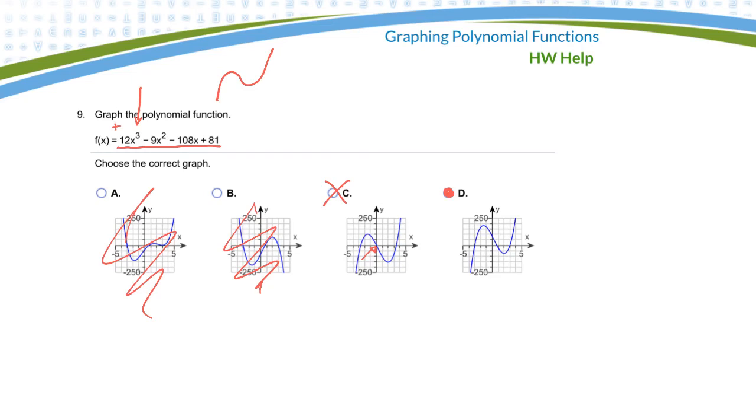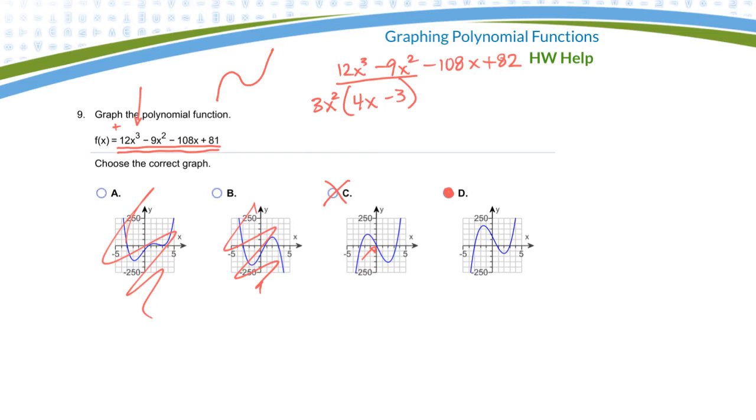But let's do a bit of work and see if we can confirm any of the other zeros that they have there. The only tool I have to try and factor something like this would be group factoring. So let's try it. 12x cubed minus 9x squared minus 108x plus 81. Out of the first two, I think I can factor 3x squared, leaving me with 4x minus 3. Oh, that's an 81.